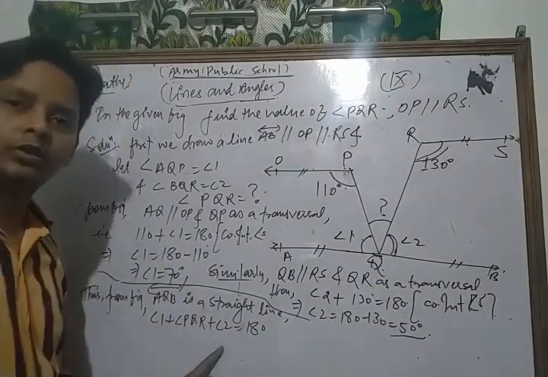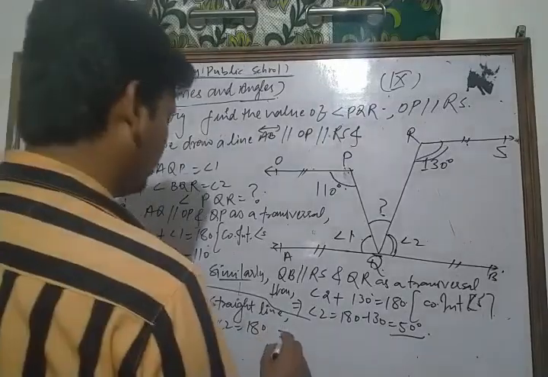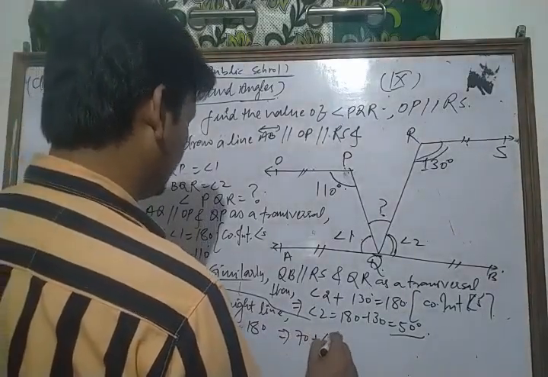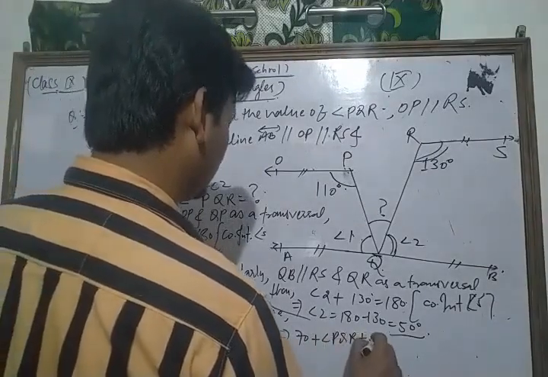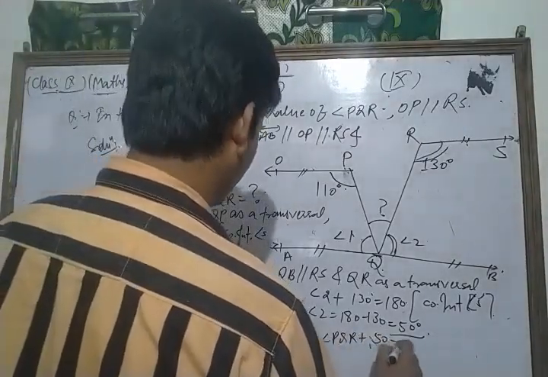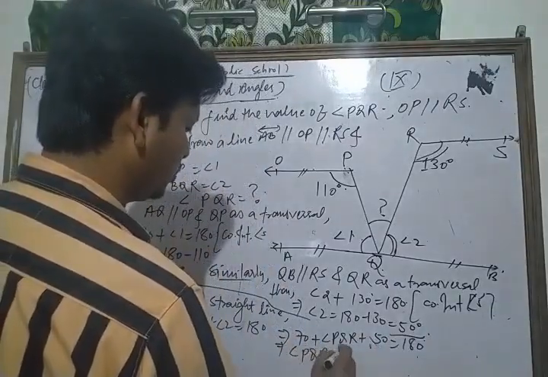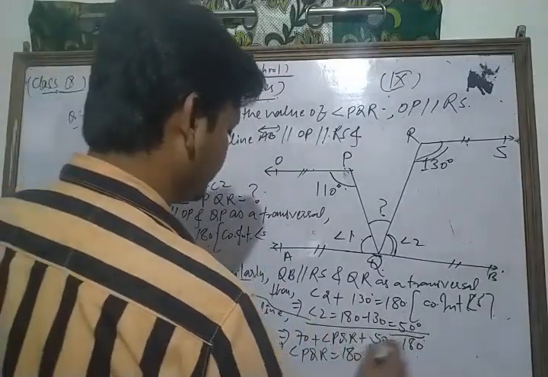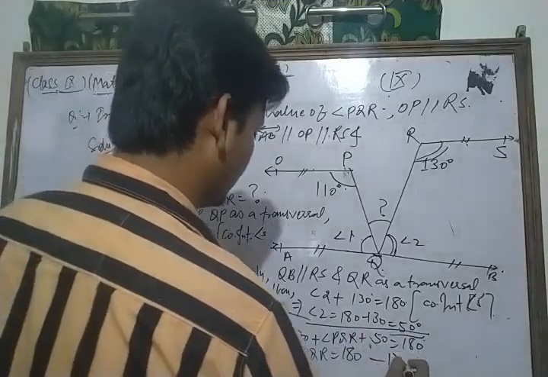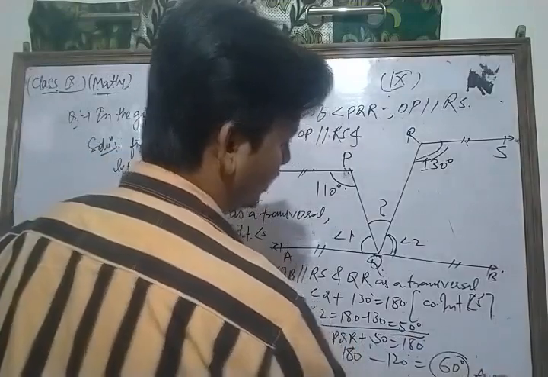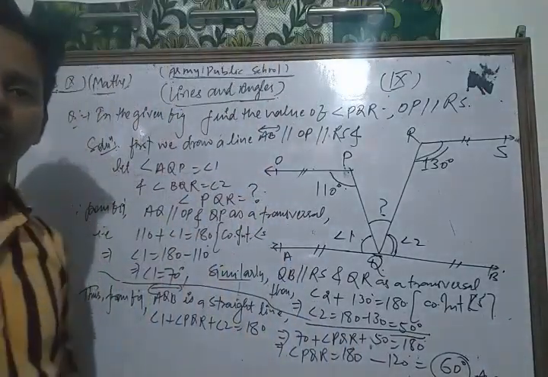We found angle 1 and angle 2, and we are finding the value of angle PQR. So angle 1 is 70, plus angle PQR, plus angle 2 which is 50, is equal to 180. So angle PQR is equal to 180 minus 120, which is 60 degrees. This is the required solution; thus angle PQR is equal to 60 degrees.